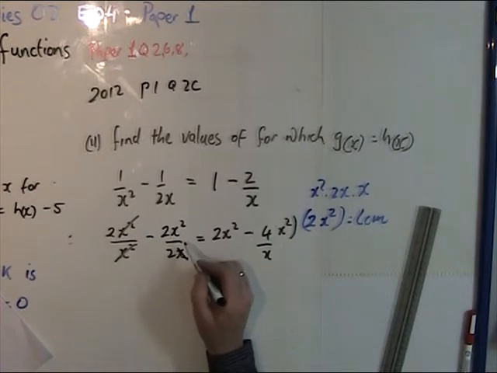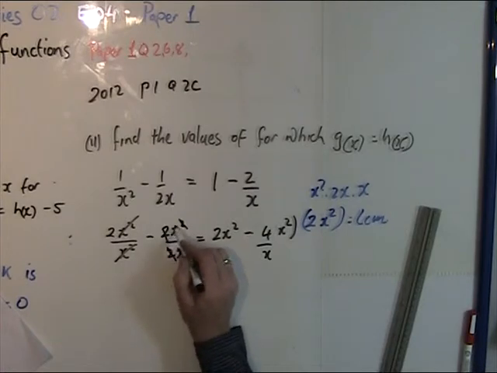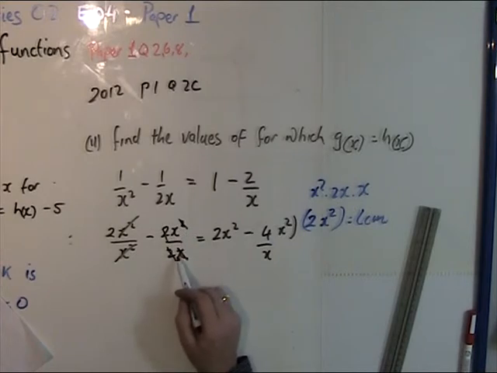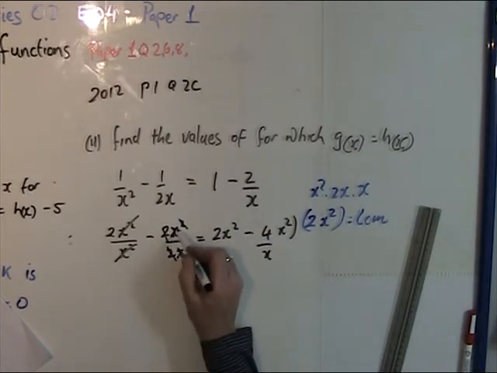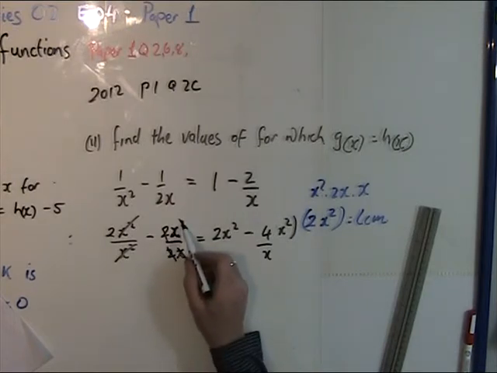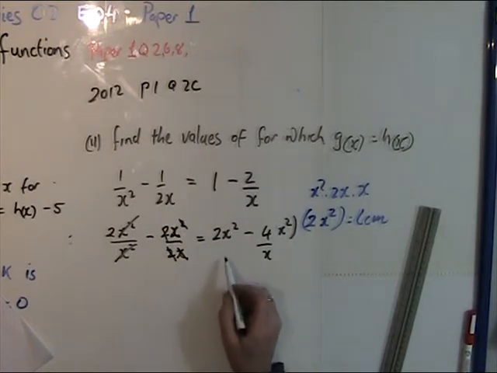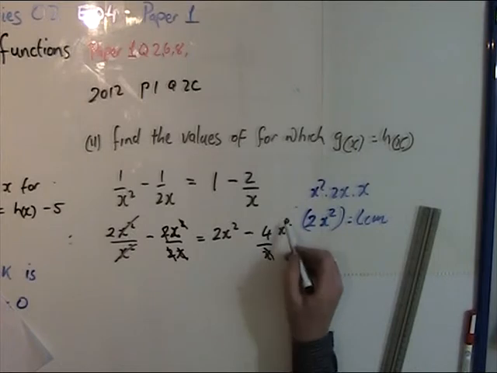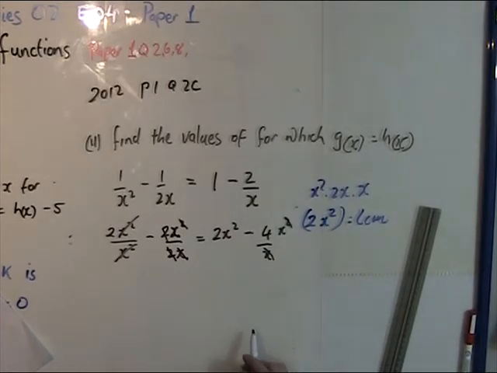Now, look at this. So, let's get rid of the x first. This is tricky, right? So, 2 goes into 2 once. I'm left with x. Okay? So, remember, 2x squared divided by 2x is not going in once. It goes in x times because there were uneven powers here. x goes into 4x squared 4x times.